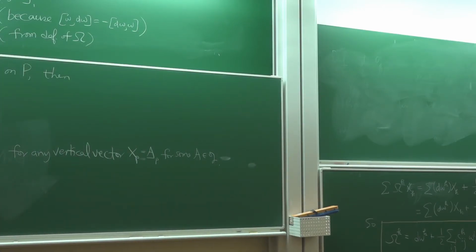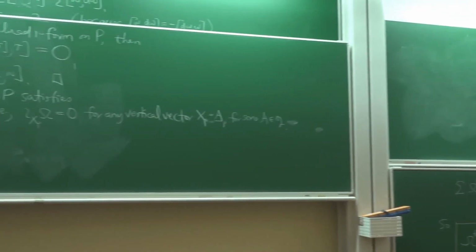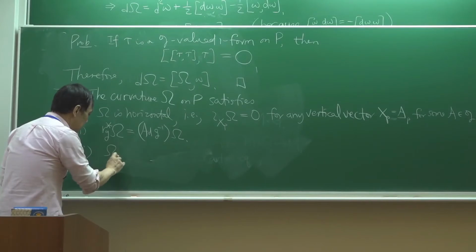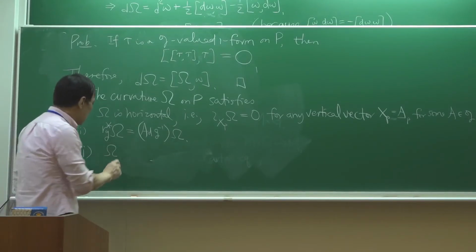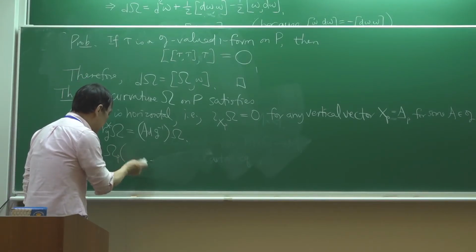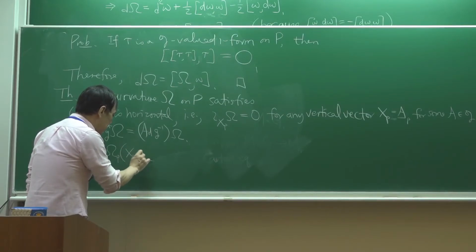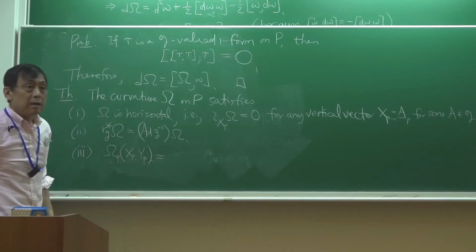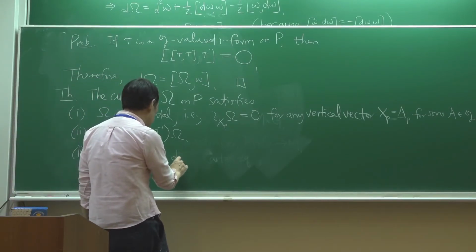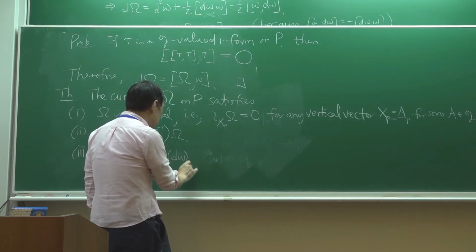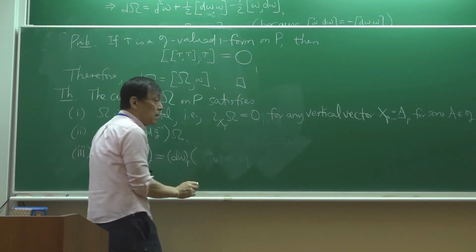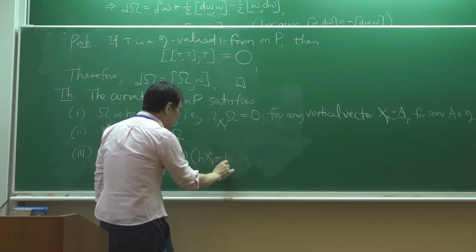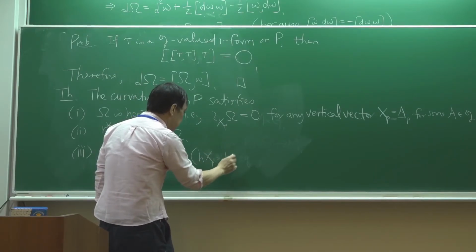So in other words, there's a formula that omega applied to Xp, Yp is equal to omega p applied to the horizontal components.